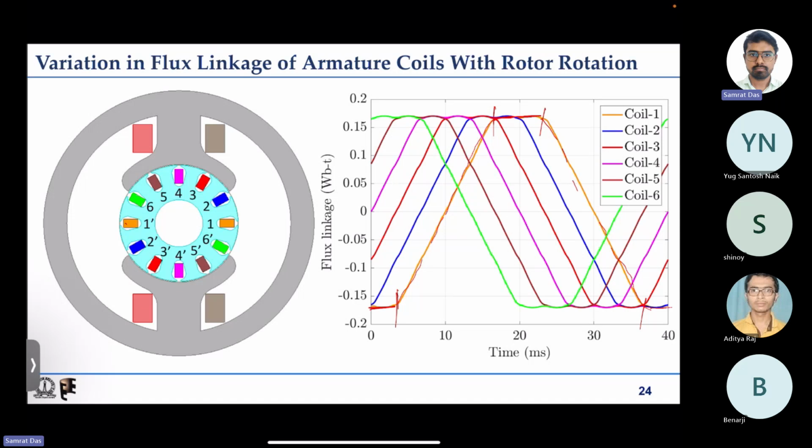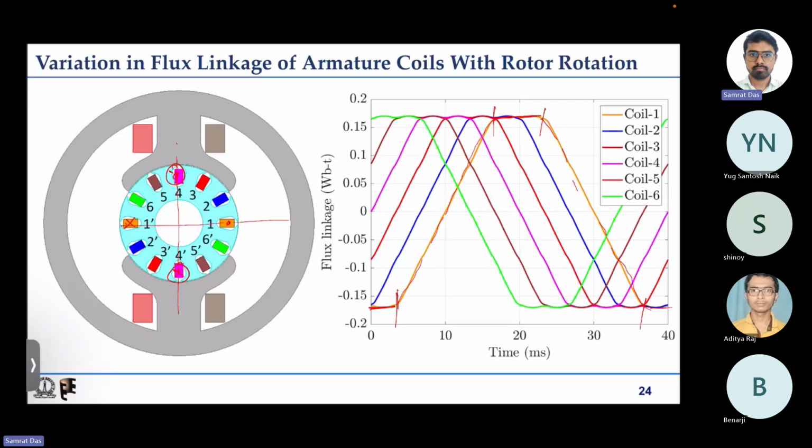Additionally, if this is the coil, then the coil axis is along the stator poles, so effectively a very small air gap. But after some rotation, if the same coil appears in the interpolar axis, then the coil axis is along the large air gap.